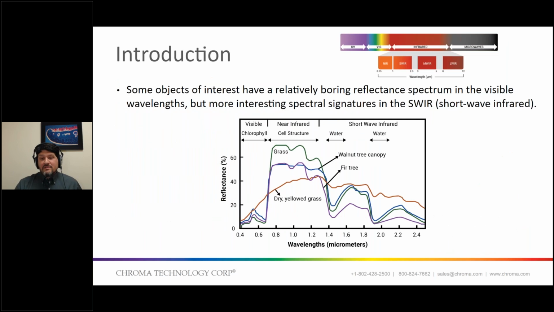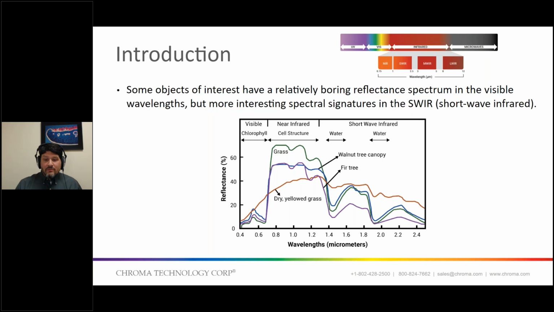Some objects have kind of a boring reflecting spectrum in the visible wavelengths, and there could be more interesting spectral signatures in the near IR or shortwave infrared or SWIR. In this plot, going along the x-axis, you can see visible wavelengths of light from about 400 to 750 nanometers.